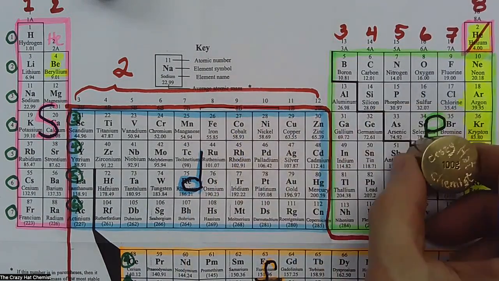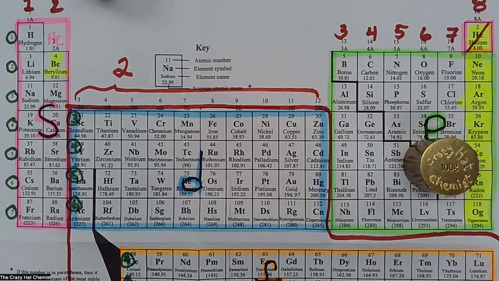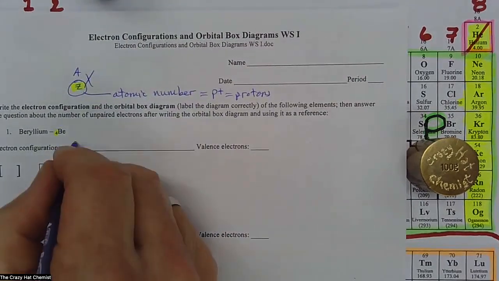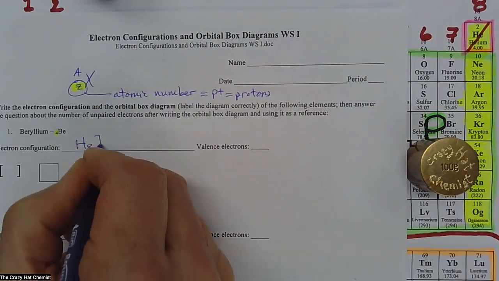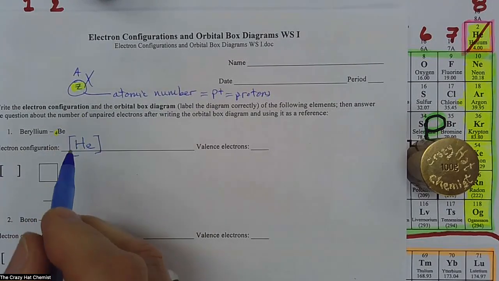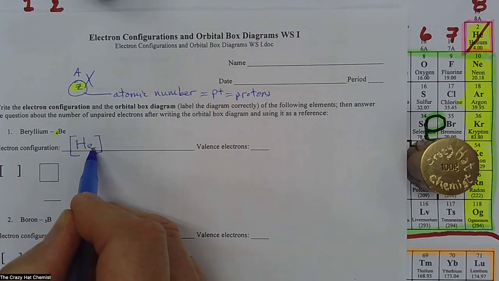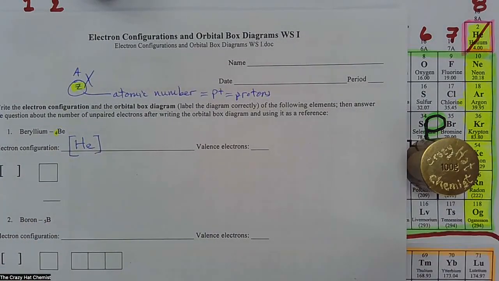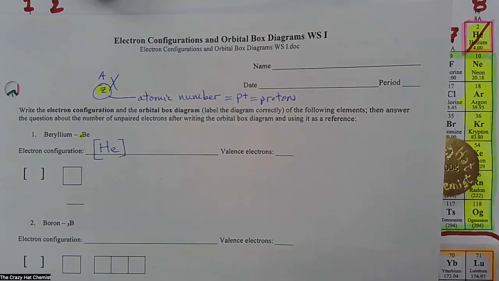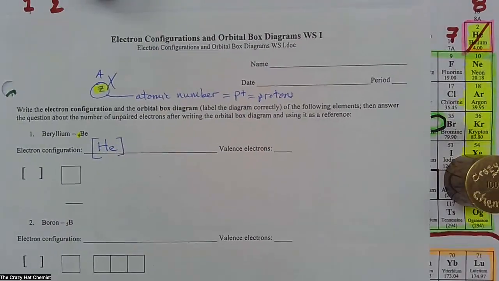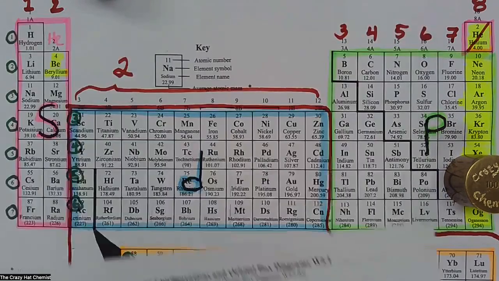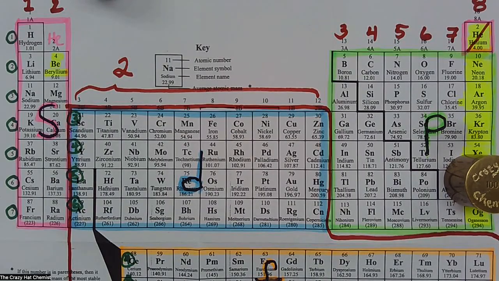So we are going to write down He in brackets. Now notice that this is a capital H and a lowercase e, just like it says on the periodic table. You cannot use a capital H and a capital E. That does not work. That is not helium. I have no idea what that is.